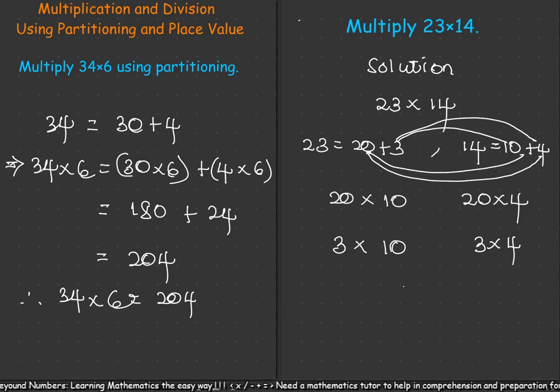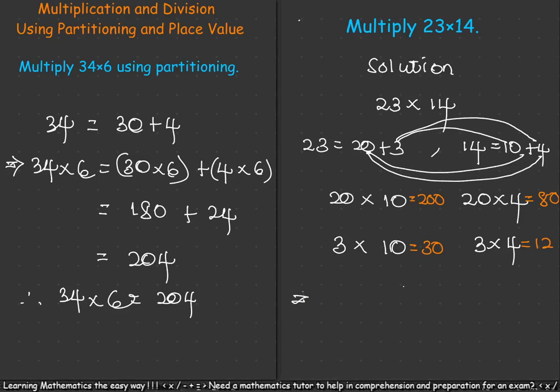And we can quickly write our answers there. So 20 times 10 gives us 200. 3 times 10 gives us 30. 20 times 4 gives us 80. And then 3 times 4 gives us 12. So all we now do is add all of these up and we are going to get our answer.